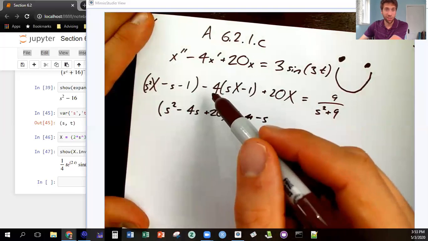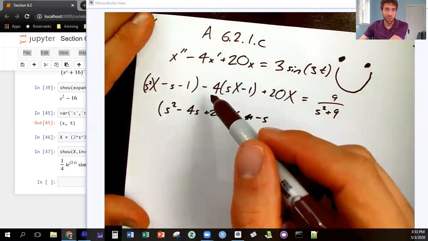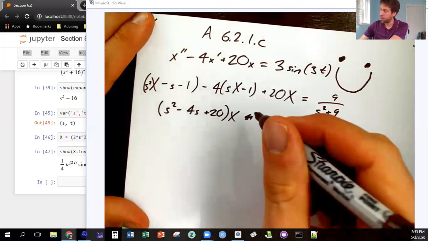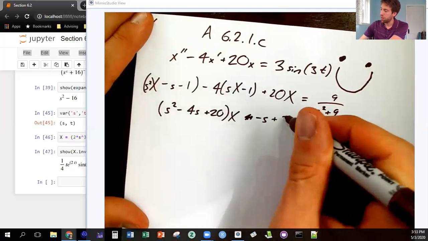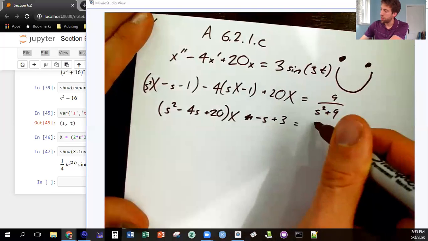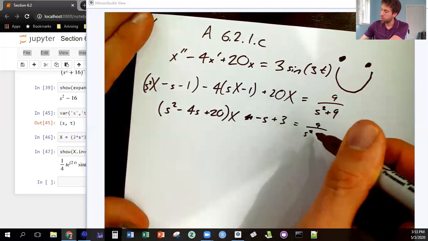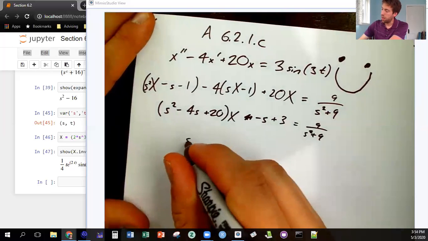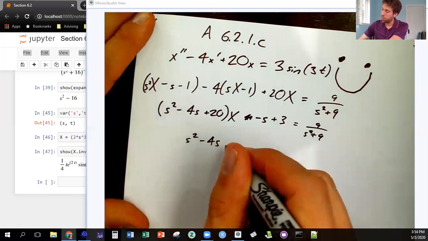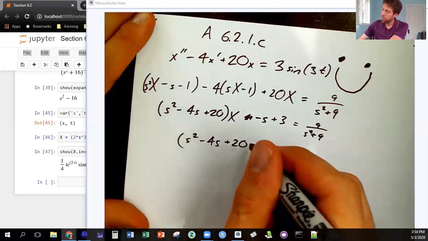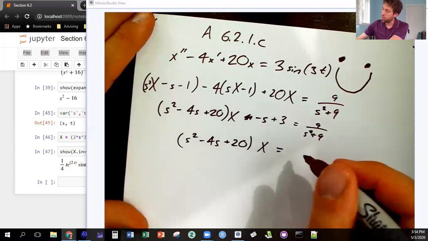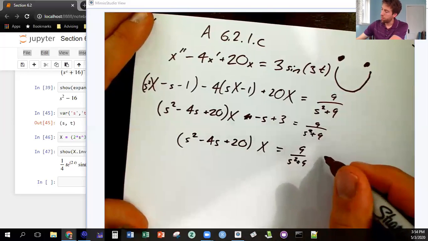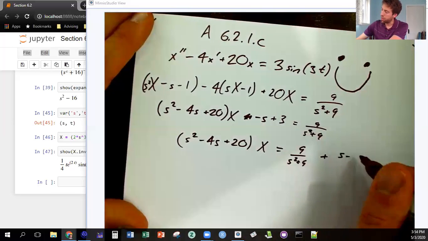And here's where I made the mistake last time, going too quickly without double checking my work. So positive 4 minus 1, so it makes it a plus 3, equals 9 over s squared plus 9. Okay, so then s squared minus 4s plus 20 times X equals 9 over s squared plus 9 plus s minus 3.